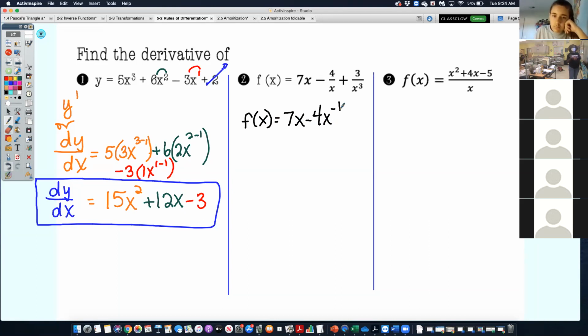So it'll be like this. Anytime you have variables in your denominator, you can bring them up to the numerator by making the exponent negative. So what would that be for this last term? How would I write that so it doesn't have any variables in my denominator?